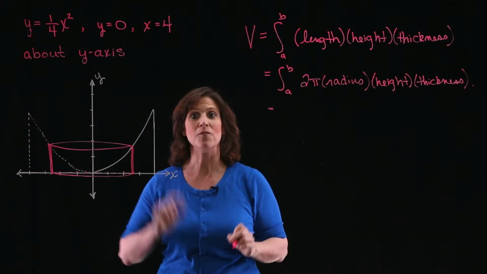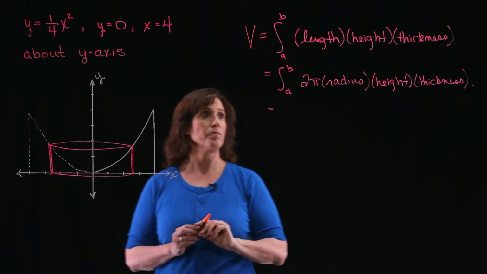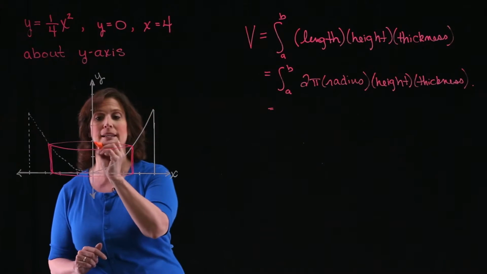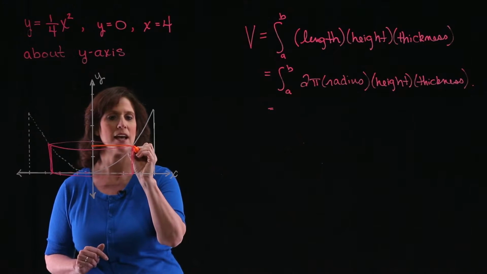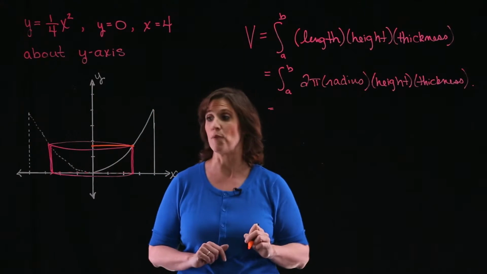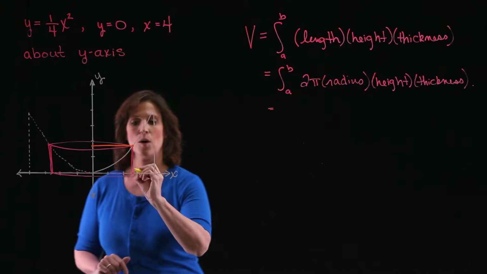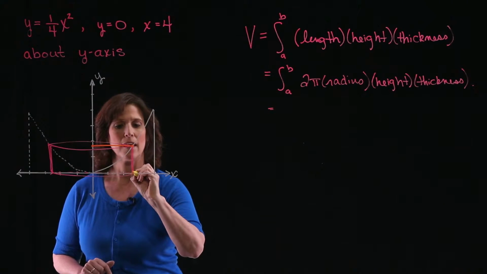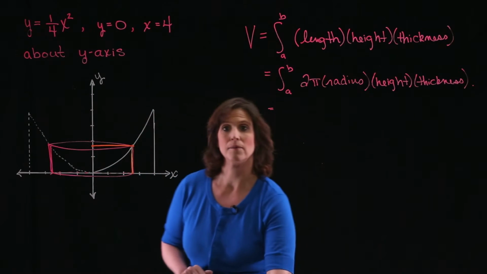Okay, so let's get some specific information for this problem involved. Let's take a look first at the radius. I'm going to start from the axis of rotation and go out to the edge. That's going to be my radius. Then I also need to consider the height, which will be the length from the x-axis up to that point as well.